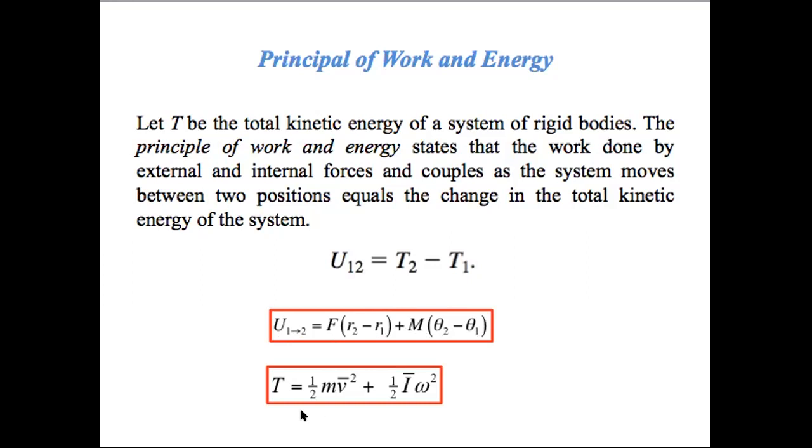And kinetic energy equals 1/2 times mass times v squared plus 1/2 moment of inertia times angular velocity squared. Let's look at how we find these equations.